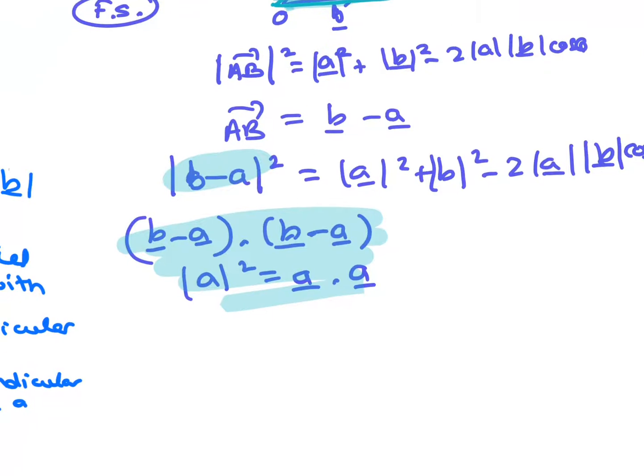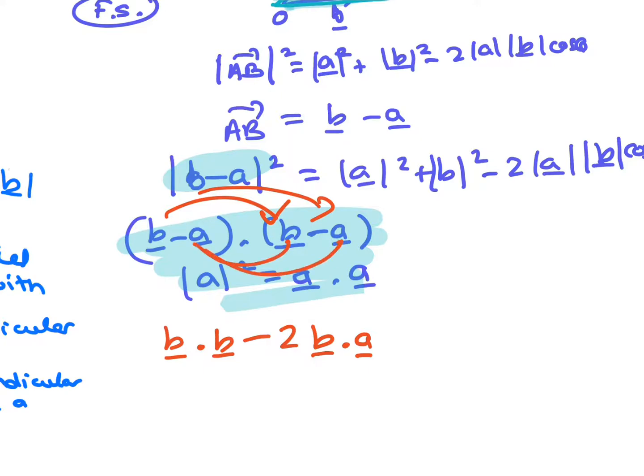Okay, so when you expand this, you use the distributive law. You use B dot B minus, now that's going to be 2 lots of B dot A. Instead of putting times, you put dot.